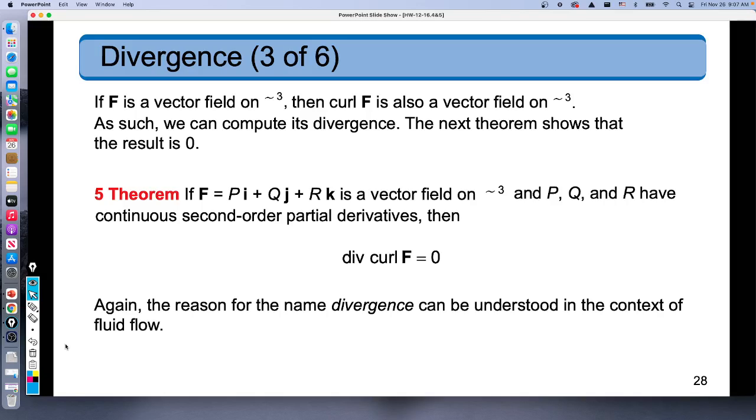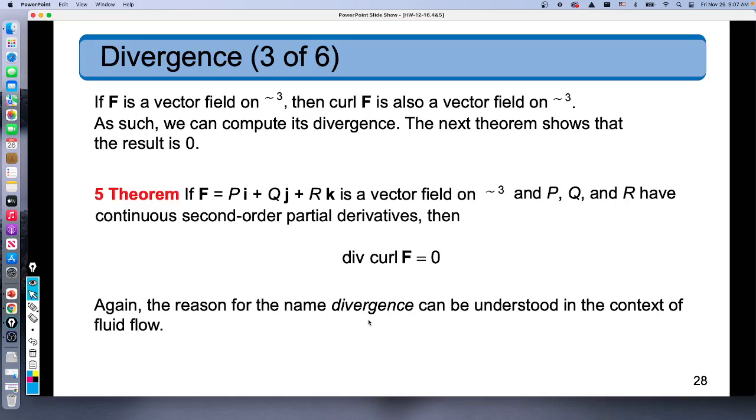We do get a theorem that given a function, a vector field, on R3, if P, Q, and R have continuous second order partial derivatives, then the div of the curl of f is going to be 0.